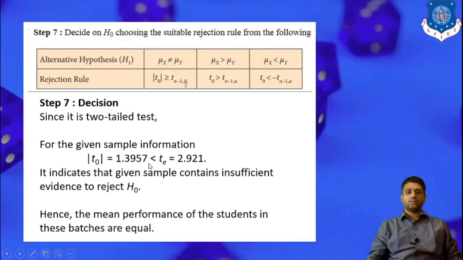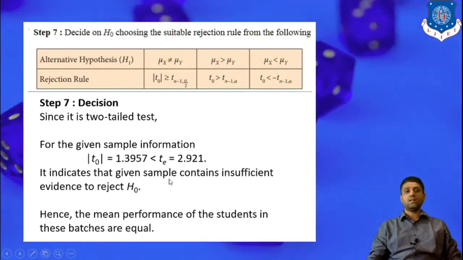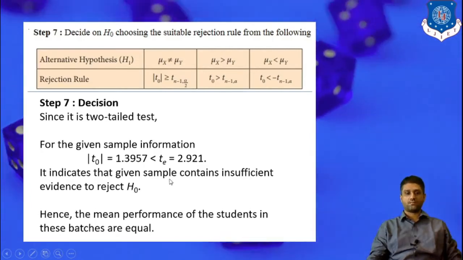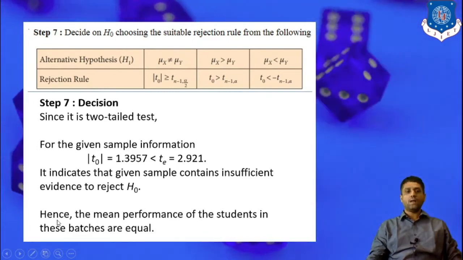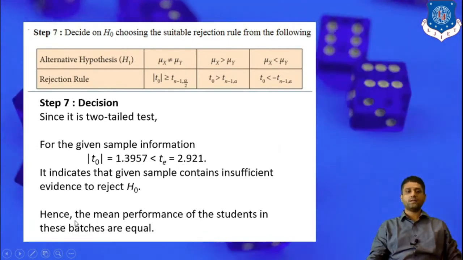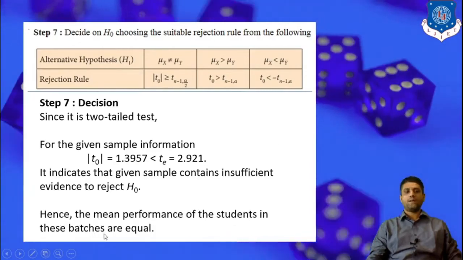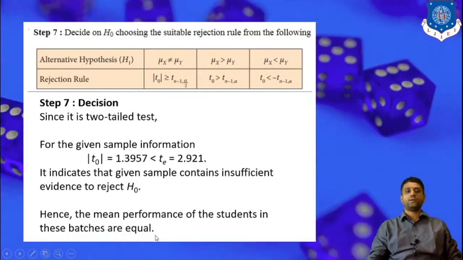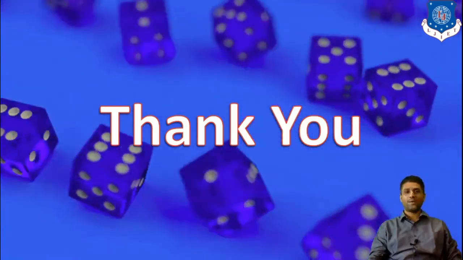But here the condition is not satisfied, so we conclude that we do not reject the null hypothesis. That is, the null hypothesis is accepted. It means that the mean performance of the students in these batches is equal, because the null hypothesis is accepted. So thank you so much for your attention.